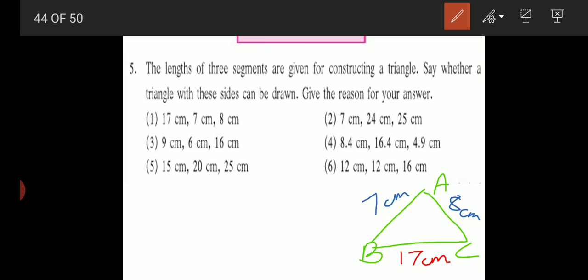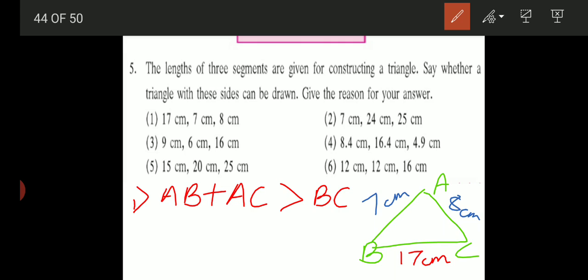So for that we are applying the second property. And what does the second property state, children? It states the sum of the two sides should always be greater than the third side. So the two sides you are going to take are AB plus AC, which should be greater than the third side BC.